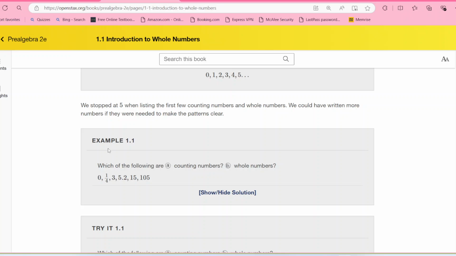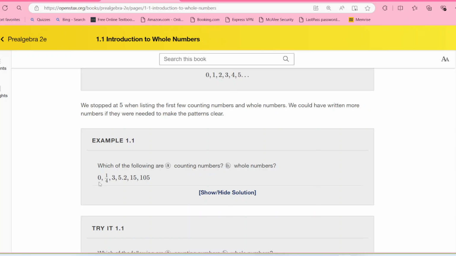So here's example 1.1. It says, which of the following are A, counting numbers, B, whole numbers?